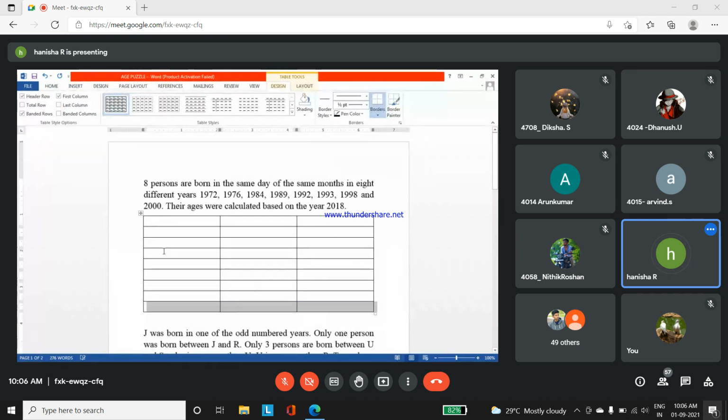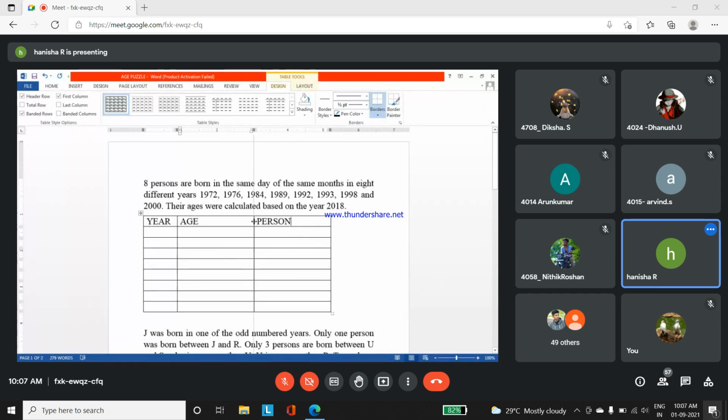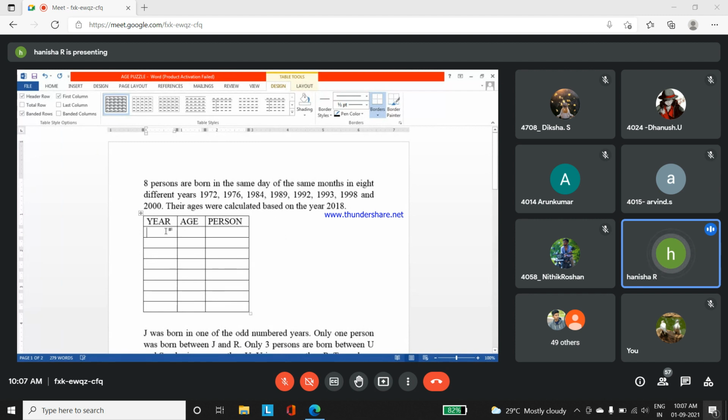Now I'm writing it as year, age, and person. So I'm writing down the years.